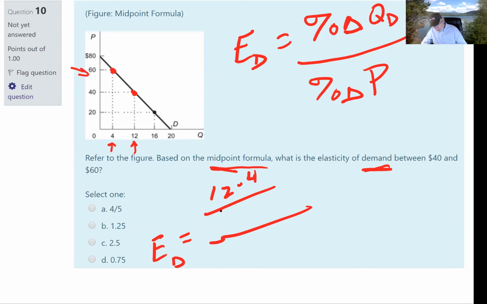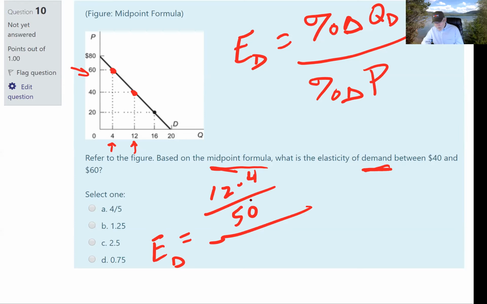Okay, but we want to express that as a percentage change. So we divide by the quantity, and for our quantity in the denominator here, we use the midpoint of this price range. So the midpoint between 60 and 40 would be 50.